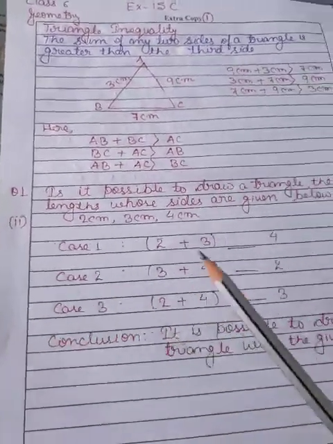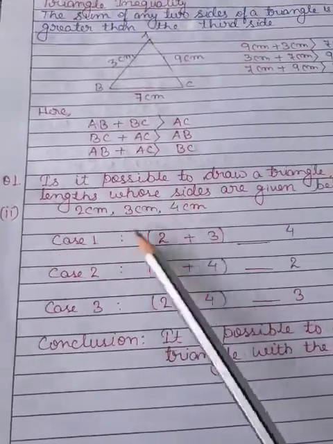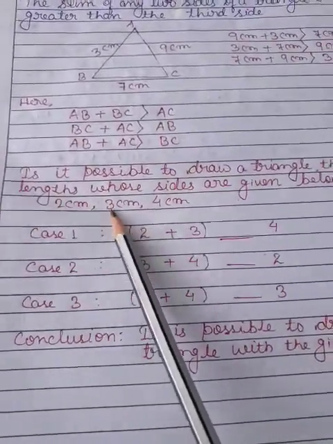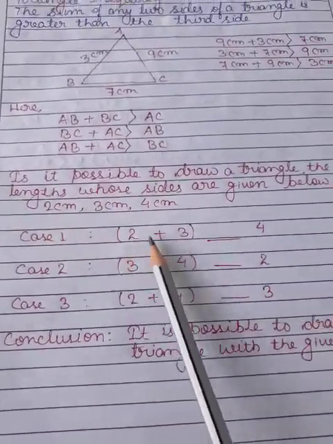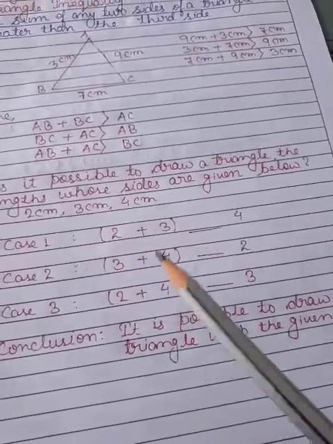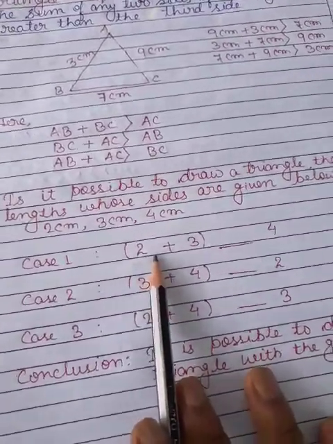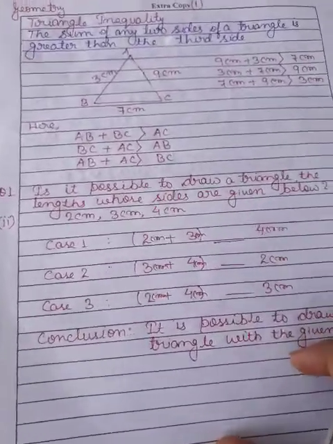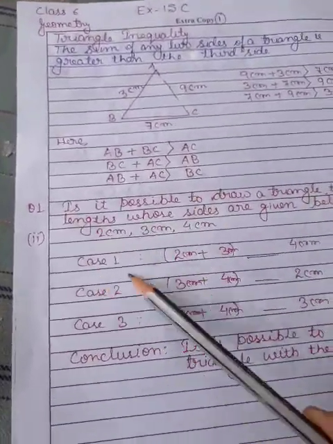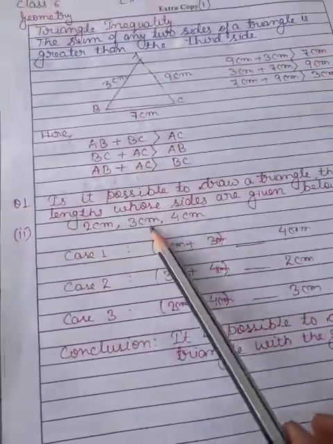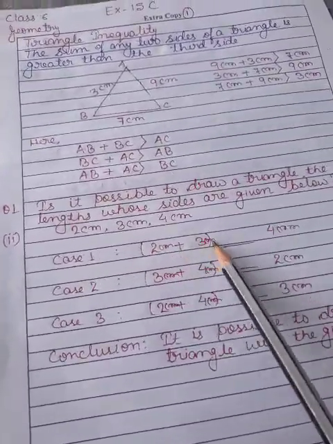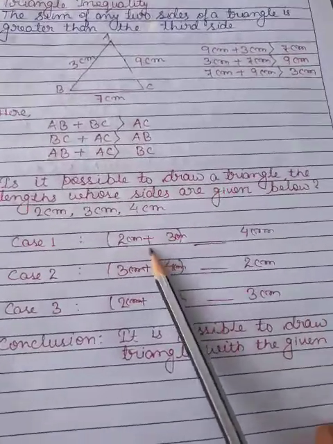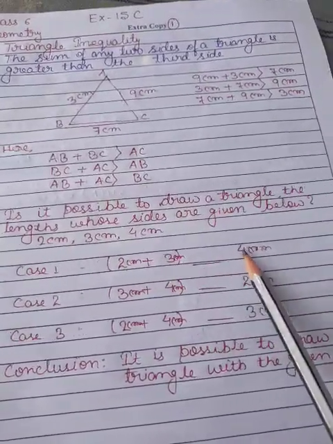For example, take 2, 3 and 4. First we add 2 centimeter plus 3 centimeter, how much? 5 centimeter, and 5 is more than 4.